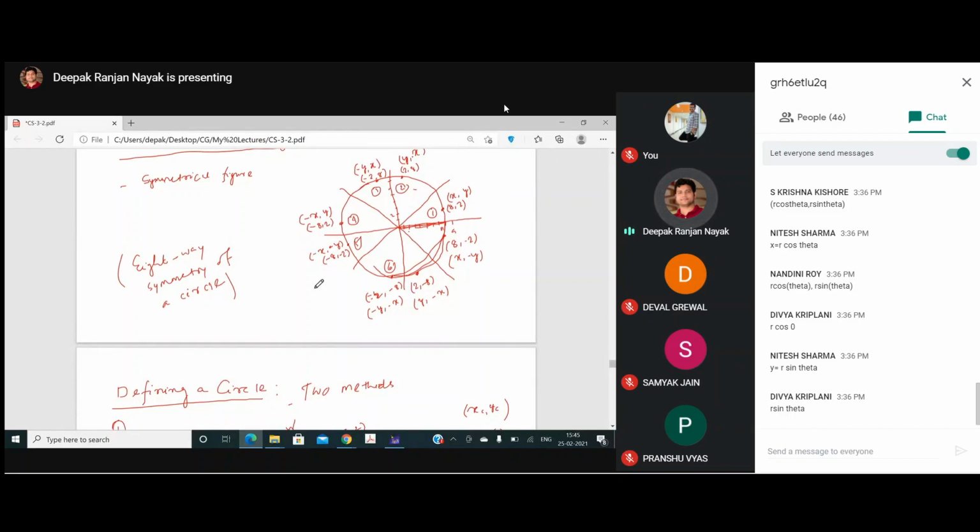However, we do not want this, so we want to generate pixels. We'll see how this Bresenham circle drawing algorithm will help us in generating the pixels from one point, and how we can draw the circles, at least for one quadrant, and how symmetry can be applied to find the other values, right?